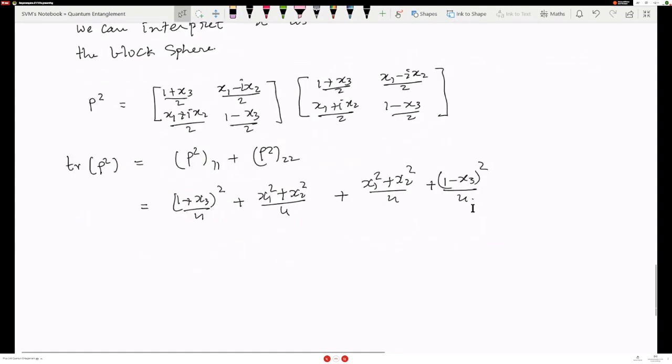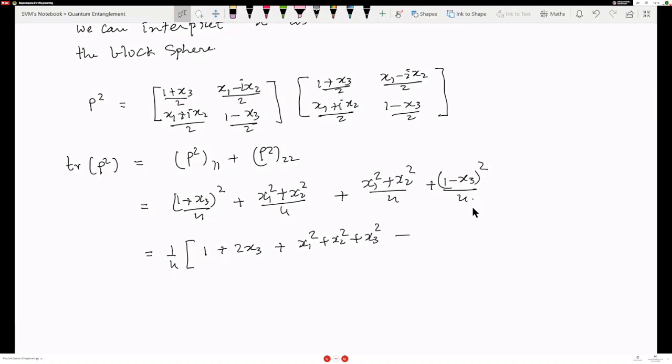Okay, so now if you do this, this is 1 by 4 into 1 plus 2x3 plus x1 square plus x2 square plus x3 square, plus x1 square plus x2 square plus x3 square again, plus 1 and minus 2x3.